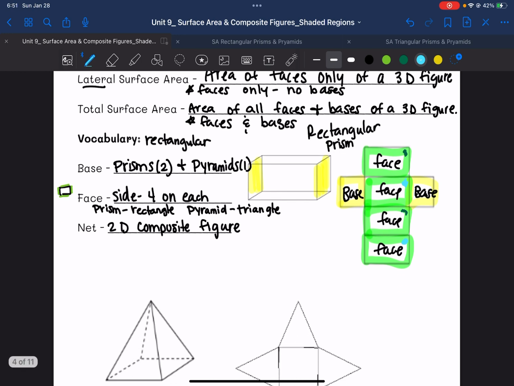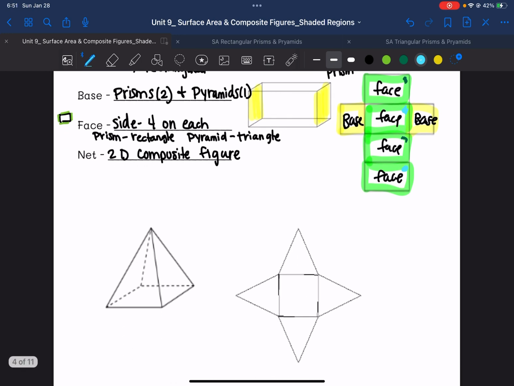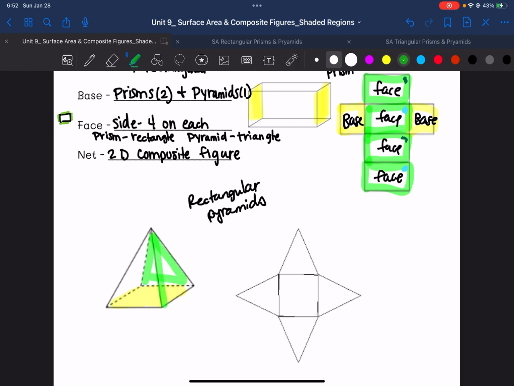Okay, so let's look at the pyramid. So in the pyramid, okay, these are rectangular pyramids. Okay, in a rectangular pyramid, you've got your base, which is down here, and then everything else over here is going to be your face.